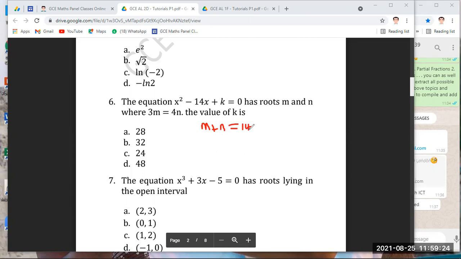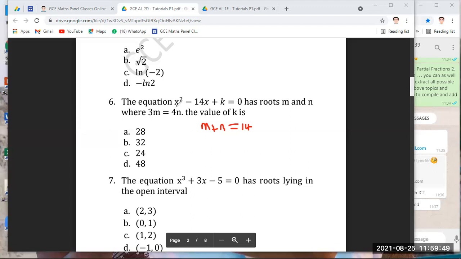Do you know why m plus n is equal to 14? Do you know why? Hello? No, madam. Right, because normally you do not attend the last classes, that's why you have difficulties.